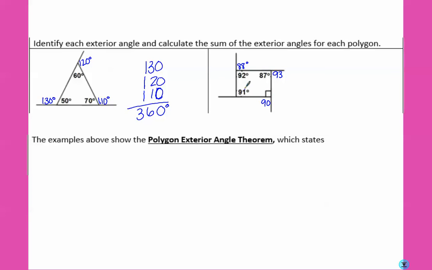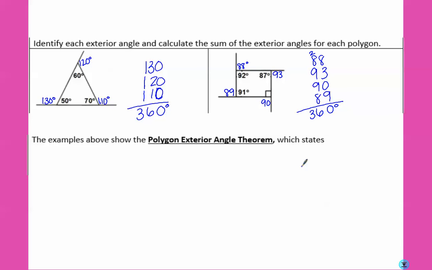And if the interior is 91, the exterior is 89. Let's find the sum of these exterior angles. 88 plus 93 plus 90 plus 89. Once again, adds up to 360 degrees.